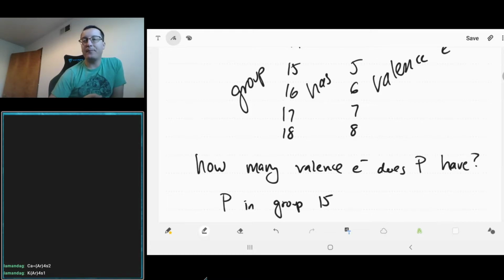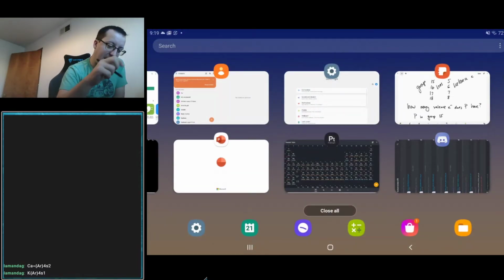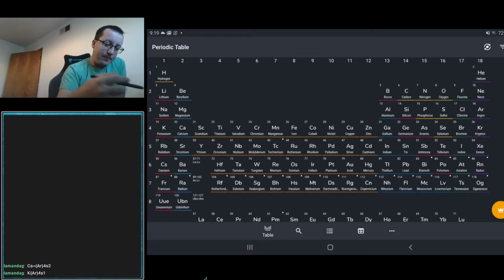And so if we look, we see phosphorus is in group 15, right? By the way, I keep forgetting I have the periodic table. Notice at the very top of the screen here, we have the numbers 1 through 18. Those are our groups. We can see phosphorus is number 15, right? You can kind of see my circle hovering over it.